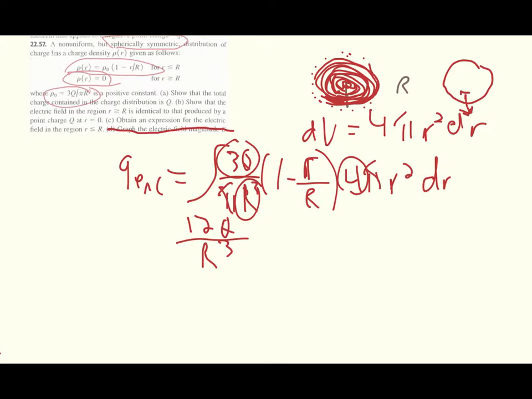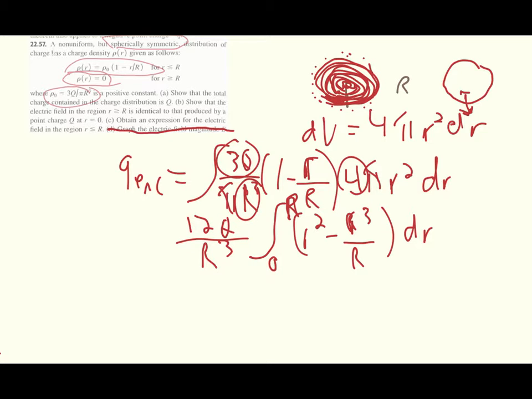Then I'm going to distribute the r squared to the other terms and keep them underneath my integrand. Again, it's from 0 to R, because we're finding the entire sphere. And that's going to be r squared minus r cubed over R dr.